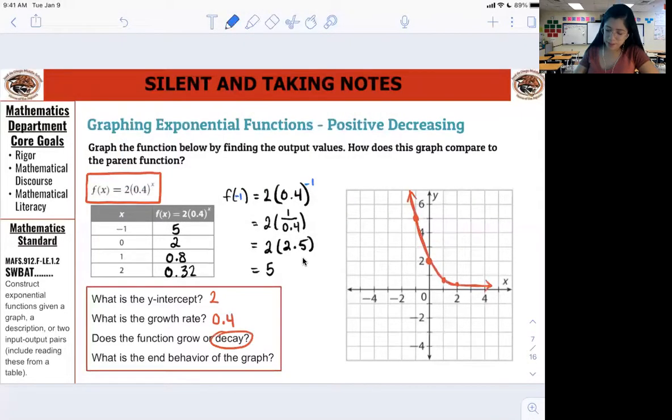On the right side of my graph, as x approaches infinity, where is the function going? Where's this function going, but never really going to touch?